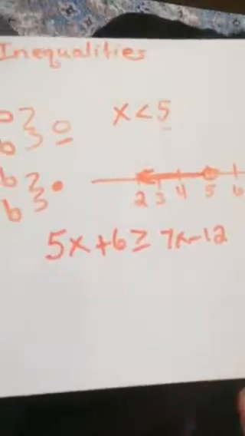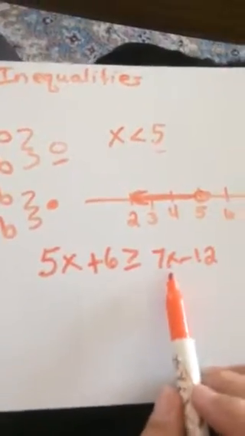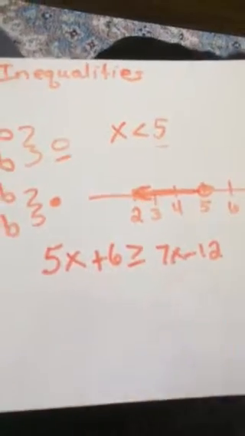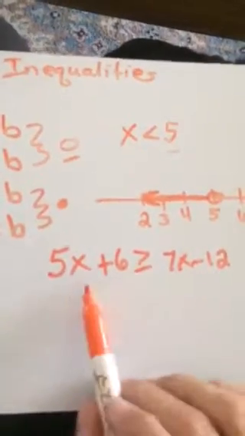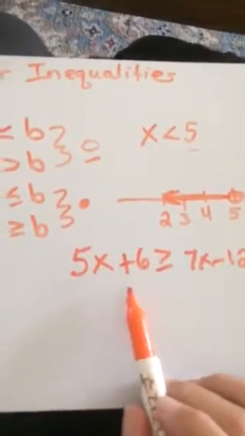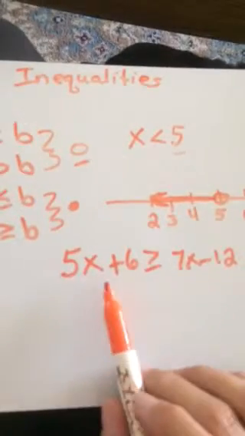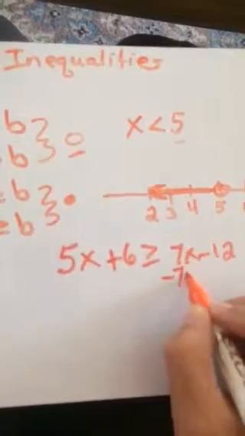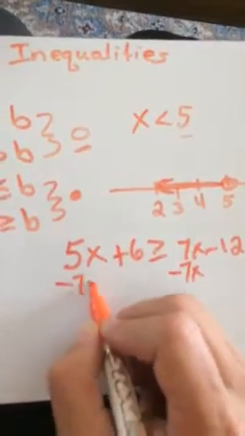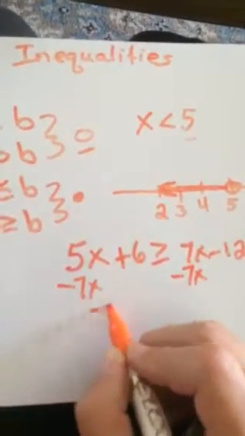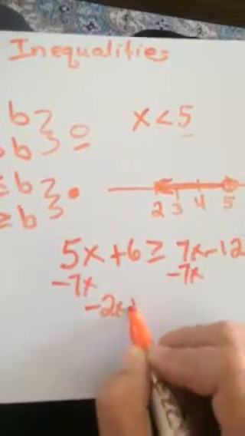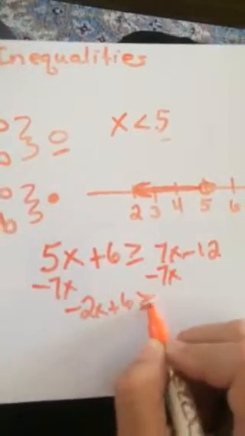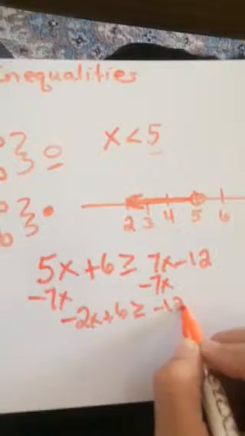So here, when you have variables on both sides, some people like to have the variables on the left, some people it doesn't matter. I prefer having them on the left, so I am going to subtract 7x from both sides. So over here now I have negative 2x plus 6 is greater than or equal to negative 12.